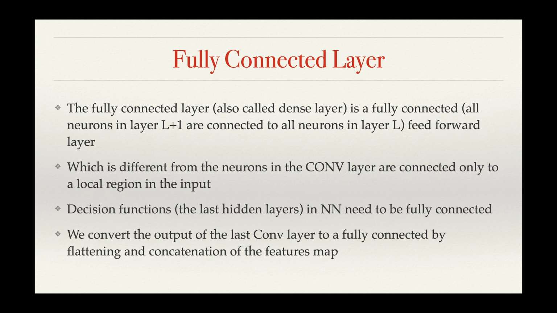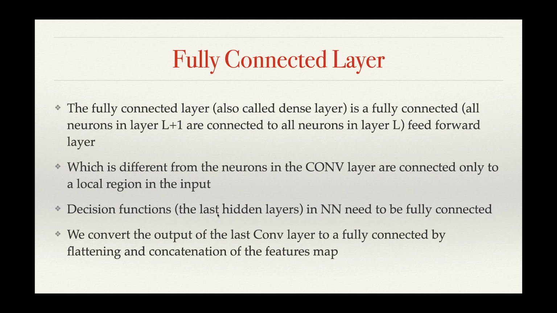The fully connected layer is fully connected because all the neurons in layer L plus 1 are connected to all neurons in layer L, which is different from neurons in the convolution layer. They are called locally connected because they are connected to local regions within the input image, not the whole image. So the decision function, in the last hidden layers in your network, is always fully connected.